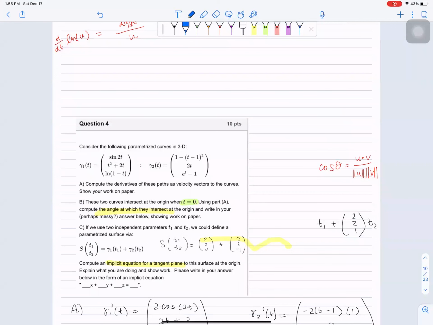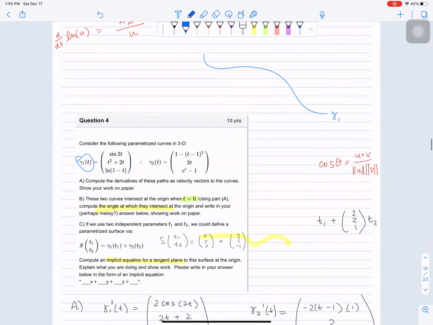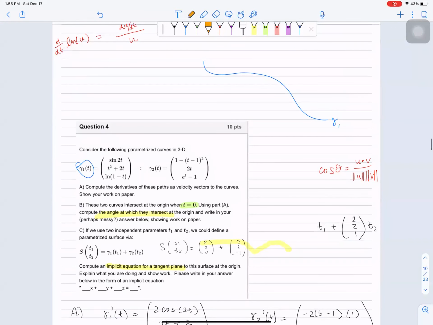Okay, we have two curves, gamma 1 and another curve, gamma 2. They are curves in 3D. If I take the derivative of gamma 2, what does the derivative mean? The derivative is like finding the tangent line.